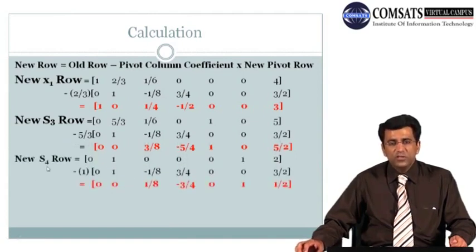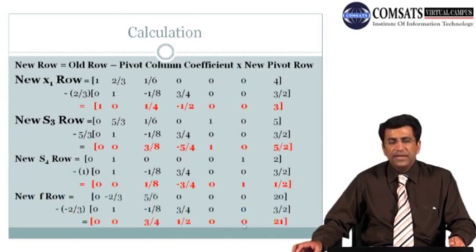Next we compute the new S4 row, which is the old S4 row minus the pivot column coefficient times the new pivot row, and we get the new S4 row as 0, 0, 1 by 8, minus 3 by 4, 0, 1, and 1 by 2. In the last step, we compute the objective function row, the F row, using a similar formula.